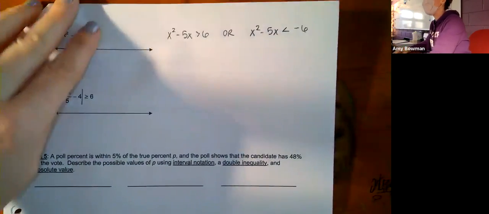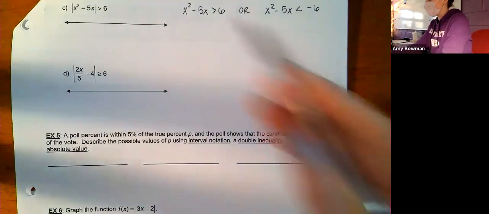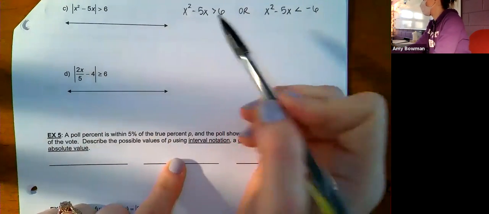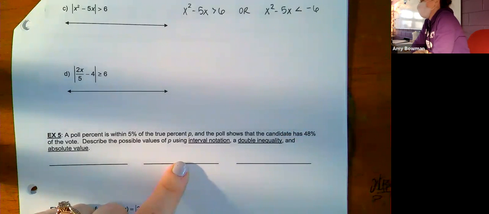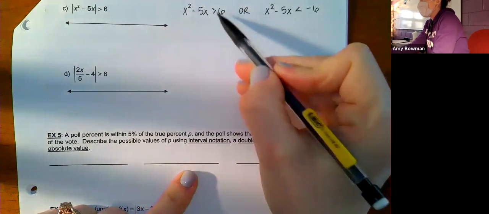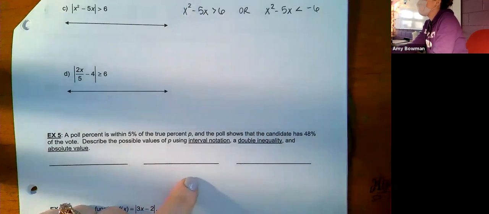Okay, now I've got two inequalities to solve. How do I, again, focus on one at a time. So let's just look at x squared minus 5x is greater than 6. How am I going to solve that? Factoring x out would help only if this was actually a 0 on the right. So make it 0. How do I make it 0?